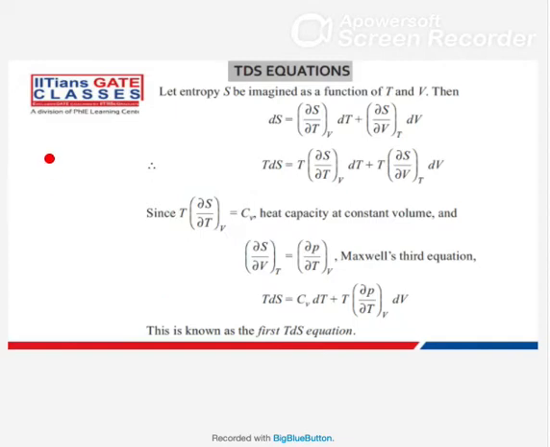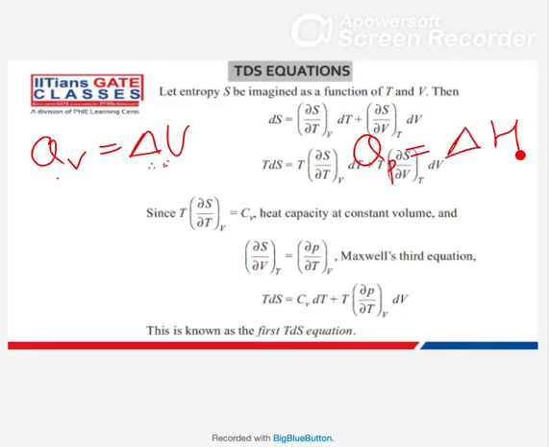So see, heat transfer at constant volume is delta U, the change in internal energy. If you remember, heat transfer at constant volume is the change in internal energy, and heat transfer at constant pressure is the change in enthalpy. We have already derived this in the first chapter.